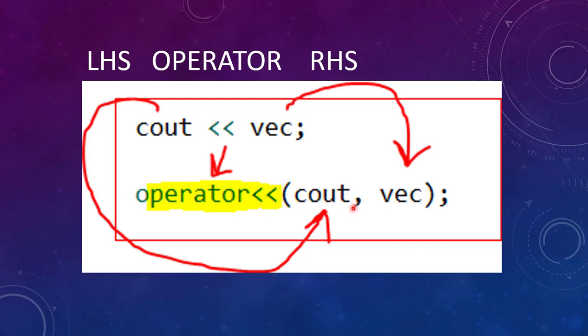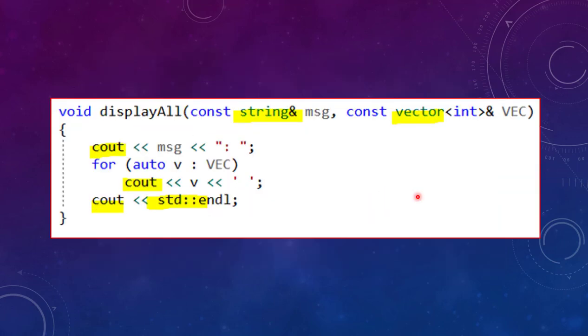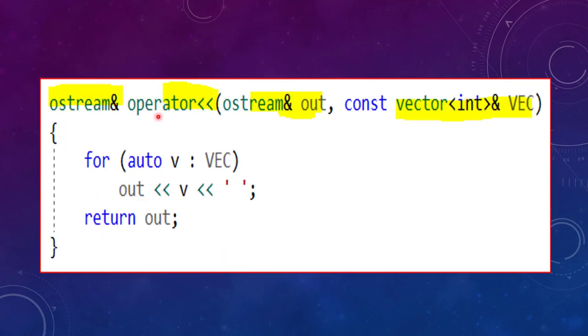What would it look like? It would look exactly like this, pretty much, except we have to return things. So there's our new function, operator insertion. My first parameter is my output stream reference. I call it out. You could have called it Donald Duck, doesn't matter.